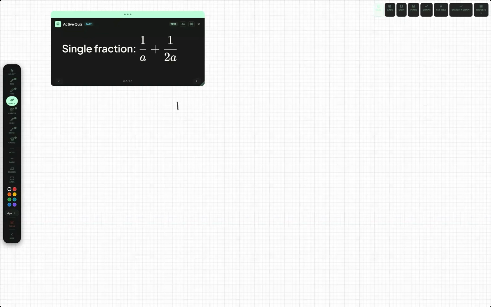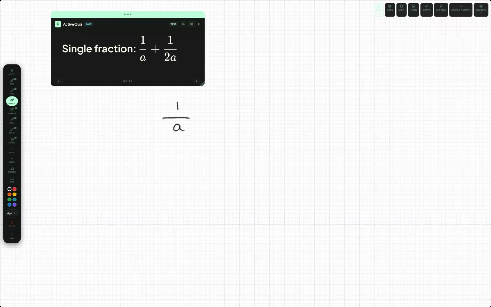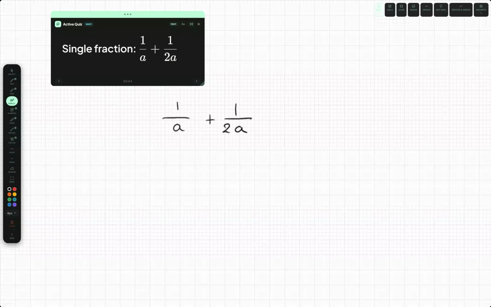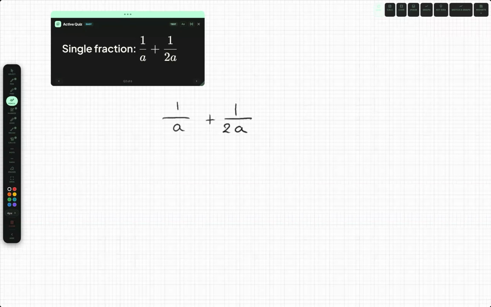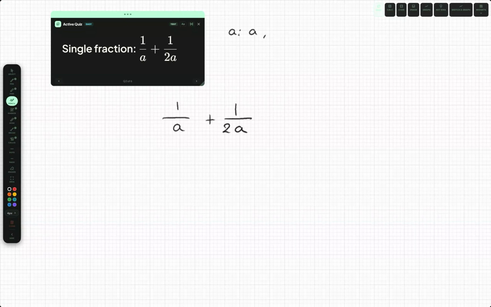Okay, this one here, we have our first example where we don't have the same denominator. And that's okay. It just means we find the lowest common multiple again. And just like what we did with the numerical values, we can do the exact same with the algebraic ones. If we list all the multiples of a, we have 2a, we have 4a, and so on and so forth.